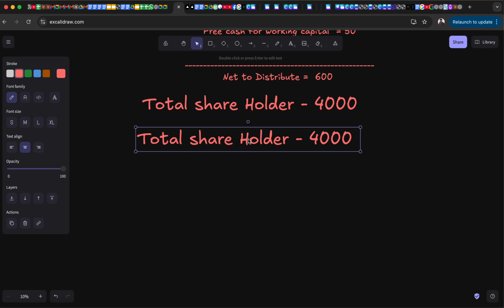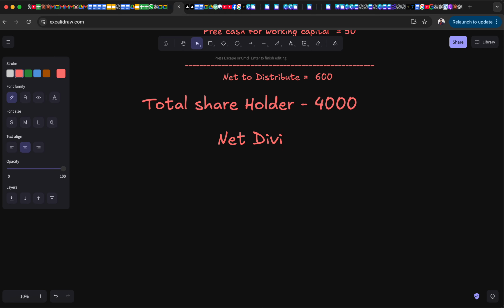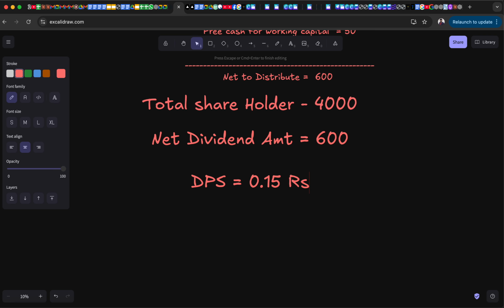Then the net dividend amount that the company wants to distribute, let's say 600. Then DPS, dividend per share, is calculated: 600 divided by 4,000 shares, like 0.15 rupees the company is going to distribute to the investors as a dividend, and investors will receive this.